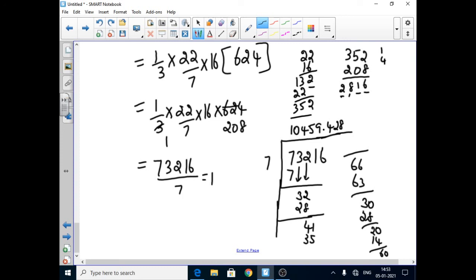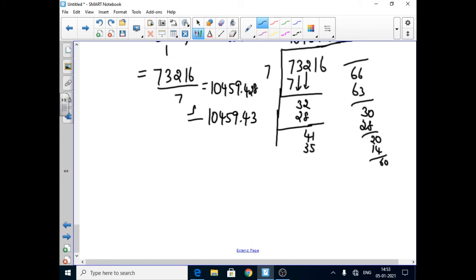So 10,459.428, approximately 10,459.43 centimeter cube, because the last digit is greater than 5, so we add 1 to the previous number.